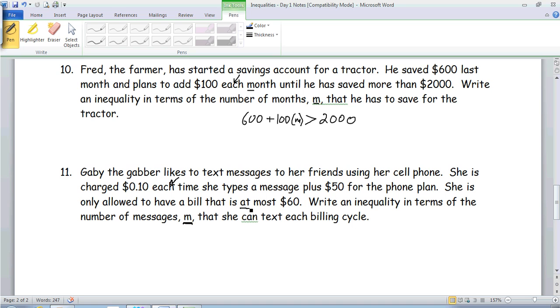So I look at this. At most, I must use this sign. This means at most. It could be 60, and it can be less. So we have a one-time fee of $50 plus 10 cents or 0.1 times the number of messages.